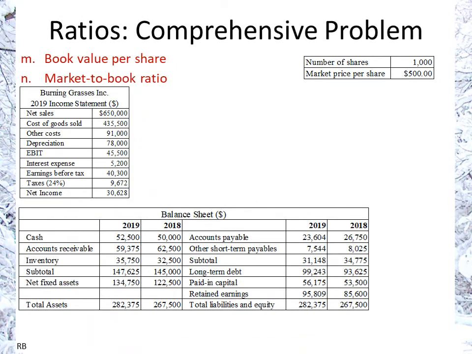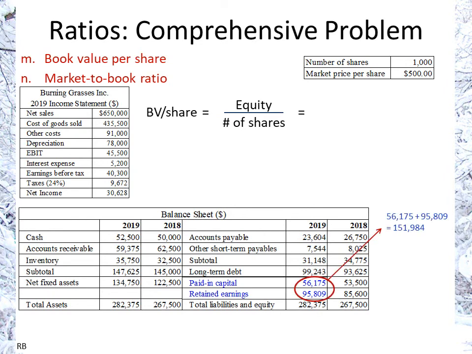The book value per share and the market to book ratio. For the book value per share, we calculate the actual book value based on the equity on the balance sheet, and we divide that by the number of shares. That would be, at this point in time, the 56 plus the 95. We calculated that before.